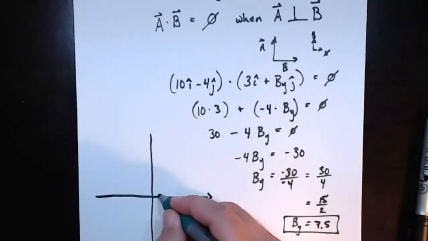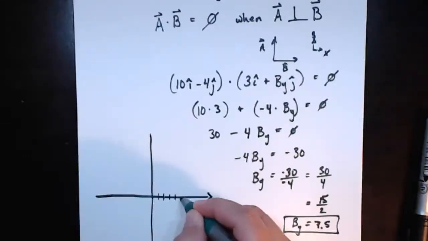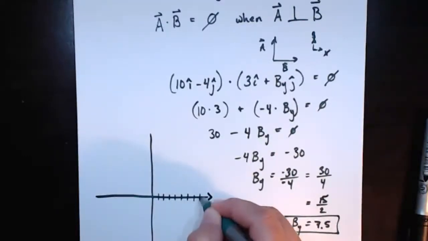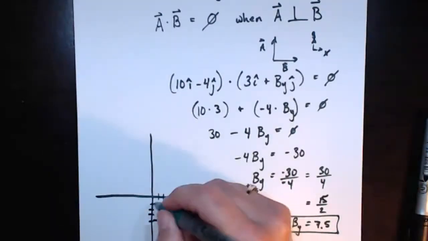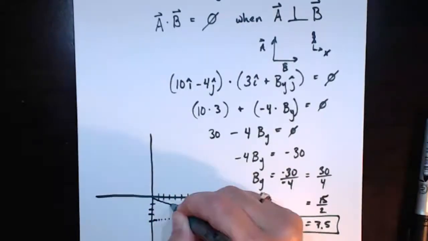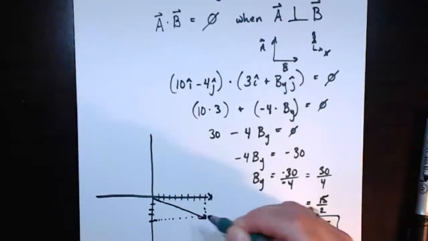So 1, 2, 3, 4, 5, 6, 7, 8, 9, 10. Oh, I never make it long enough. And 1, 2, 3, 4 ish. Better if I did this on actual graph paper. So that's there.